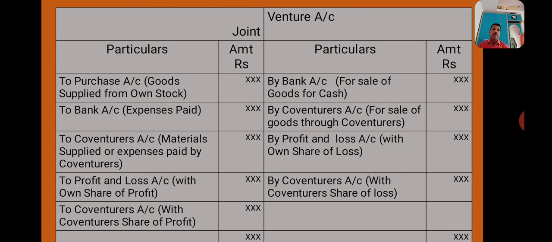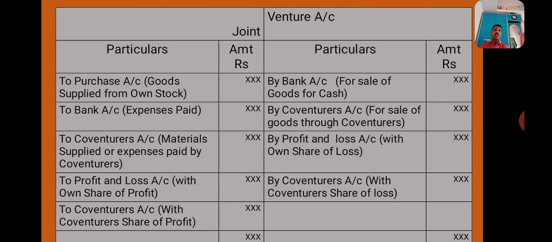And then instead of us, other co-ventures make a sale of the joint venture. That means if they receive the sale proceeds of the joint venture, then by other co-ventures account, so joint venture account should be credited with other co-ventures account. Co-ventures account should be debited for the sale of the goods through co-ventures.